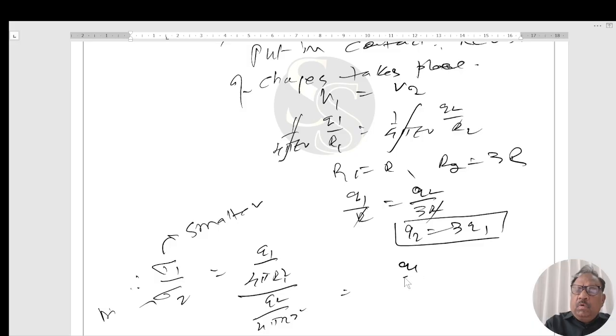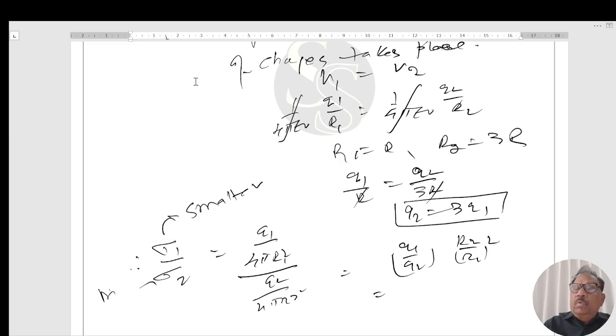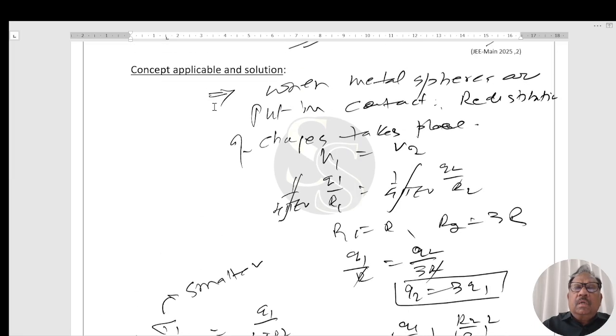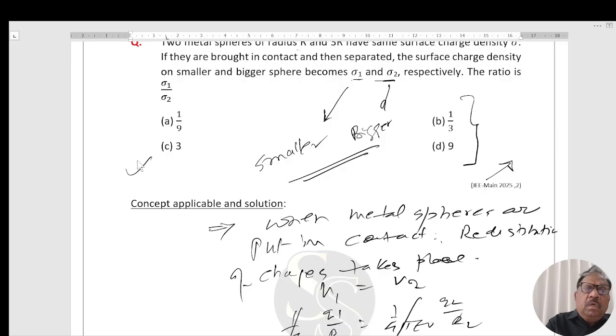That is q1 over q2 times (r2 over r1) whole square. q1 over q2 is 1 by 3, and r2 over r1 is 3r upon r, squared gives 9. 9 divided by 3 is 3, the answer. C is the answer. The basic concept applicable in this case was, when charged bodies are put in contact, redistribution takes place till they achieve the common potential. Right? Next question.